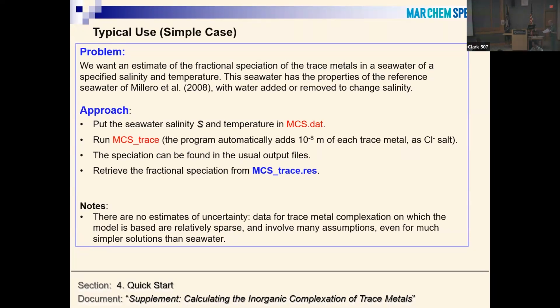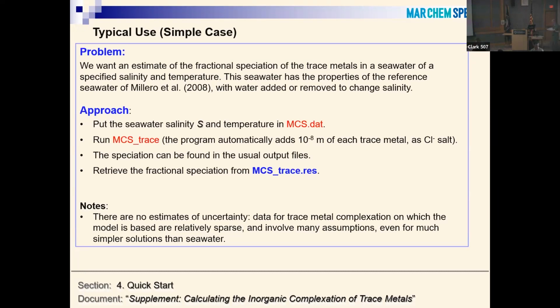But in this case, the program mcs_trace will automatically add a very small amount of each trace metal as a chloride salt, but it's too small to have an effect on anything else. And the speciation can be found in the usual output files, and we can retrieve the fractional speciation, the summary, if you like, from mcs_trace.res.